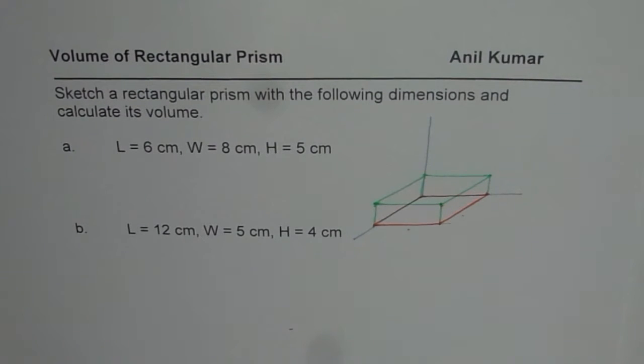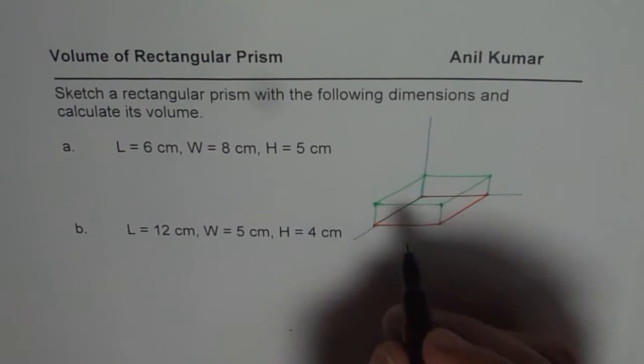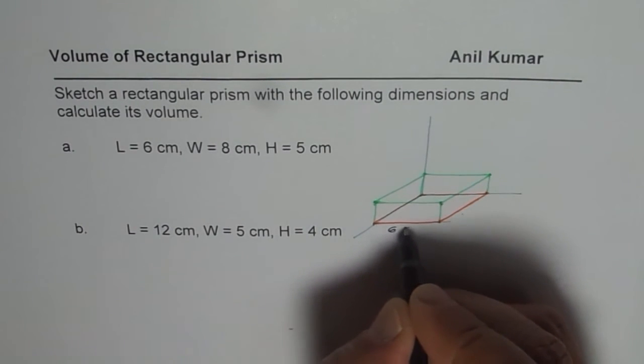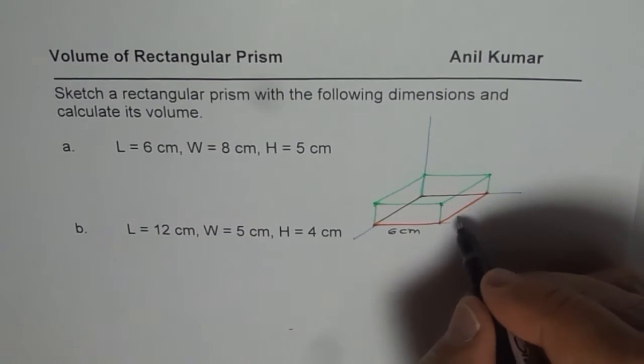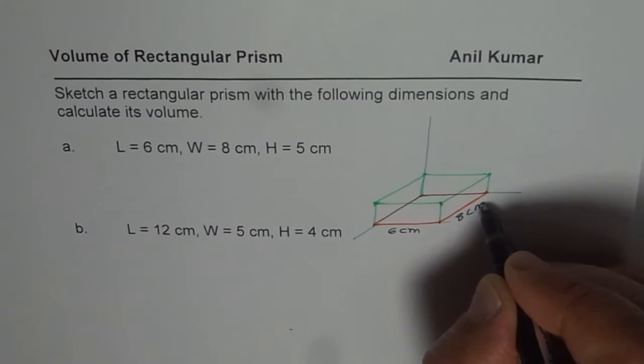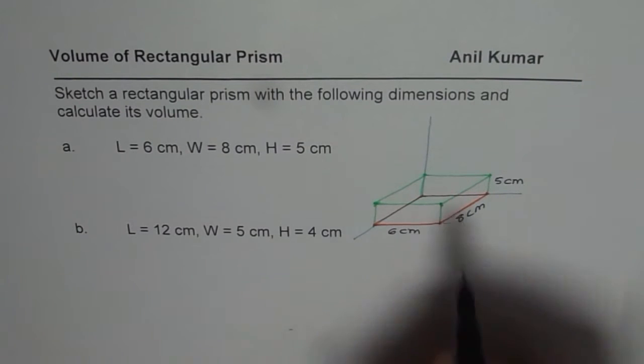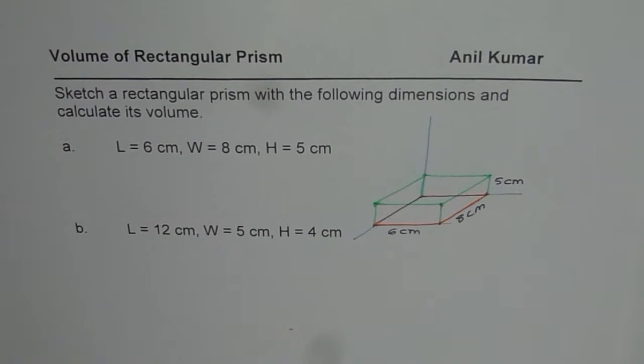That is how you get your rectangular prism. Once you have made it, it's a good idea to label. So we have length along this axis, 6 centimeters, and width as 8 centimeters, and height as 5 centimeters. That is how you sketch your rectangular prisms.